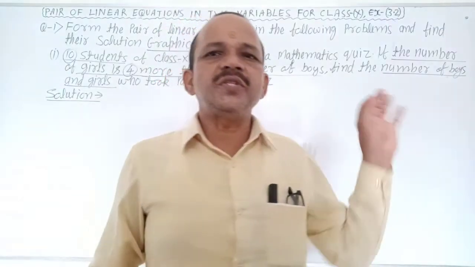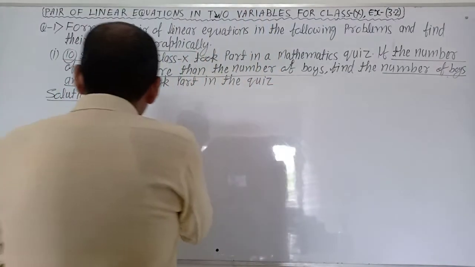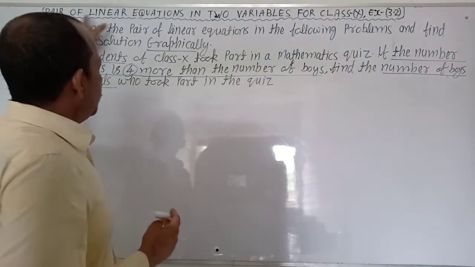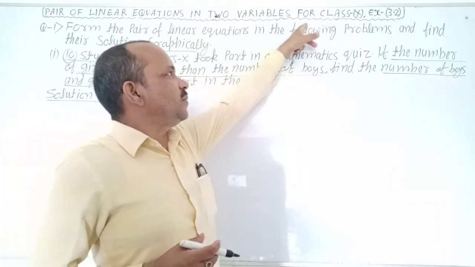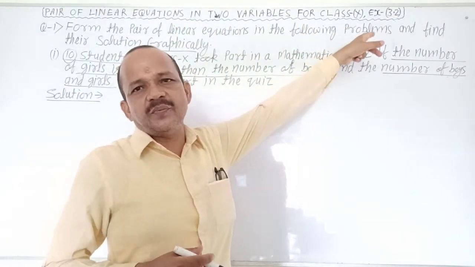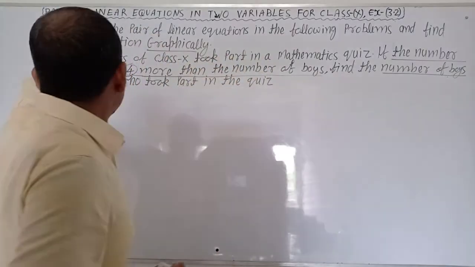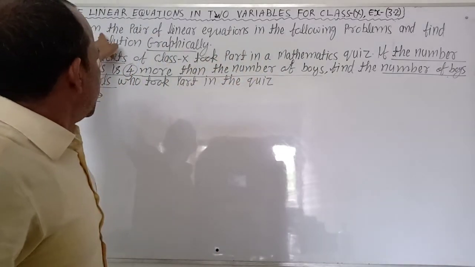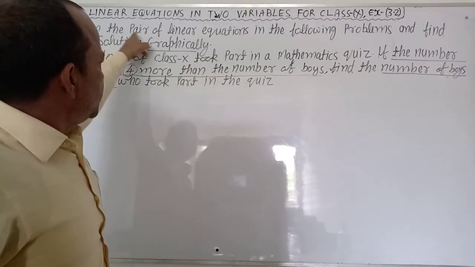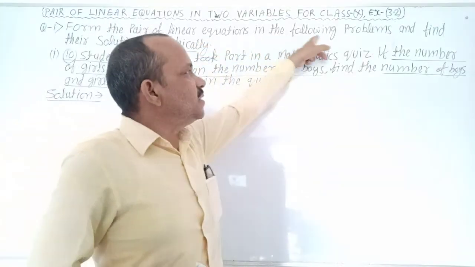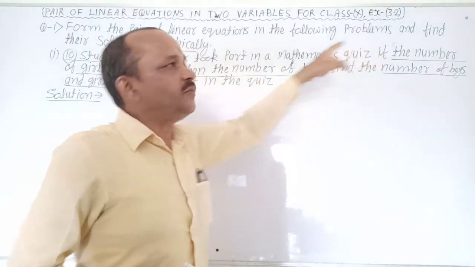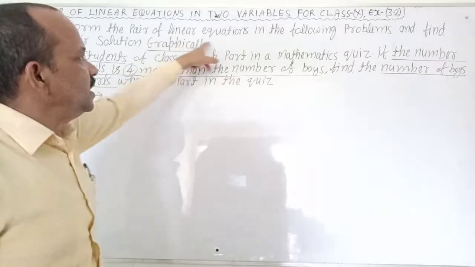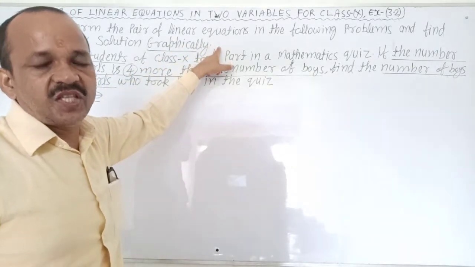Very good. See the board. Pair of linear equations in two variables, class 10, exercise 3.2, question number 1. Form the pair of linear equations in the following problems and find their solution graphically.